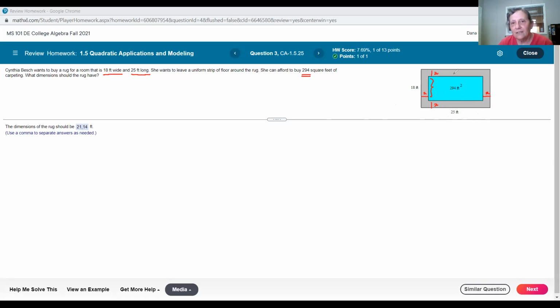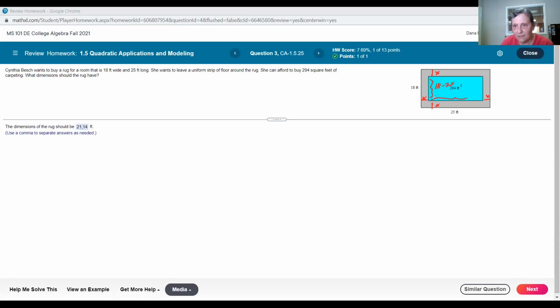So let's clear this out and say we don't know this distance, and we'll call it x. Then this is going to be x, and this is going to be x, and this is now going to be 18 minus 2x. This amount will be x. This amount will be x.